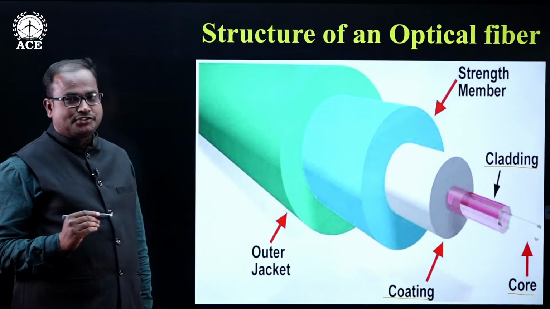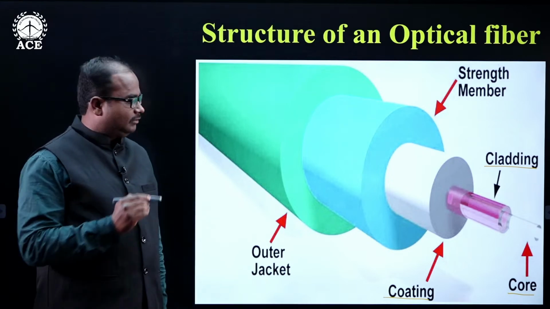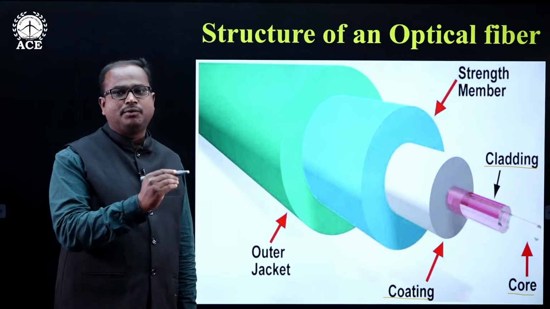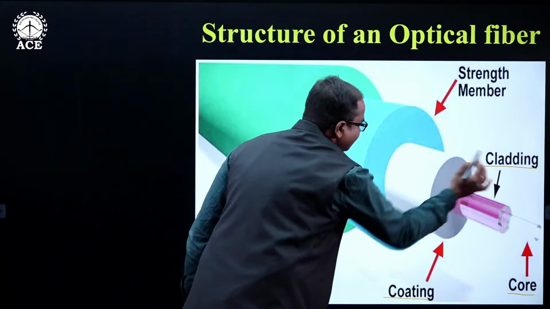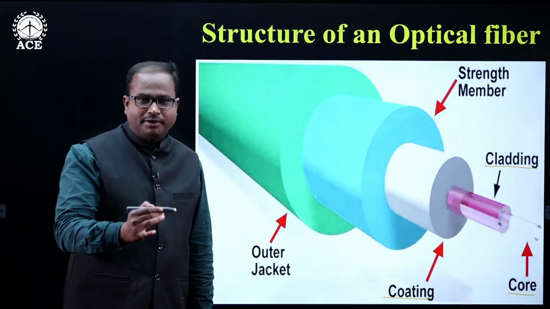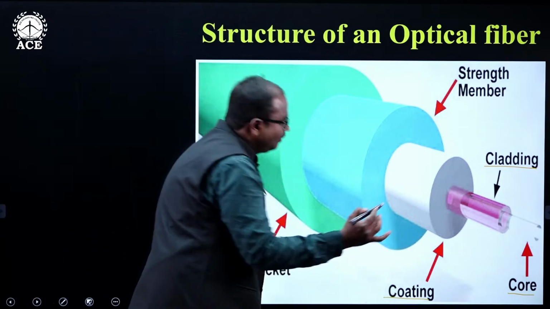So the structure of an optical fiber consists of mainly 5 parts. The inner part is known as the core. This core is surrounded by cladding. You can see in this picture. This core and cladding are surrounded by a coating. You can see the coating here.